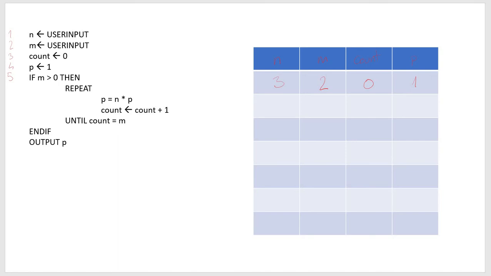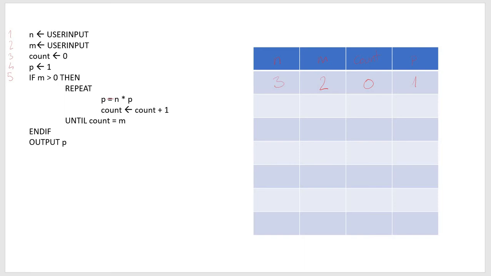So then we have this repeat loop here, so it's a do while loop for any of you wondering, and inside the loop we're going to do p is equal to n times p.